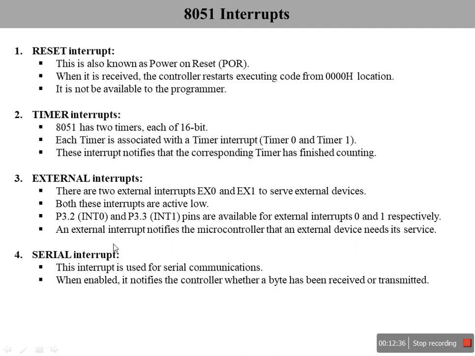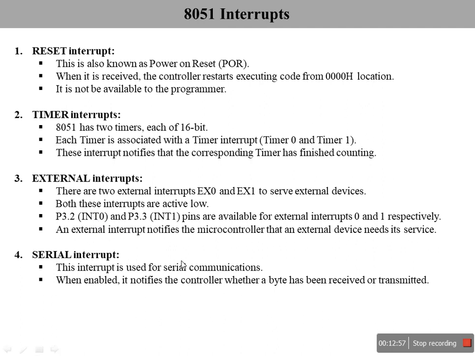An external interrupt notifies the microcontroller that an external device needs its services. Whenever an external device connected to these pins needs service, it generates a certain signal, and upon receiving the signal on these two pins, the microcontroller executes a predefined or special code.